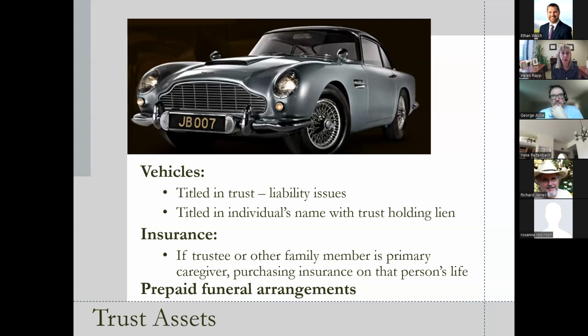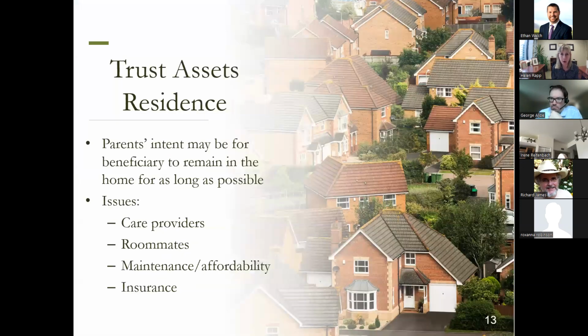Another thing pertaining to the residence: if the trust is going to own the house, you need to make sure the trust has sufficient assets or funding that it can pay the taxes, pay the maintenance, the upkeep on the house, the utility bills. So it's not just the house, it's all of the costs that are associated with the house. The trust has to be able to cover that.